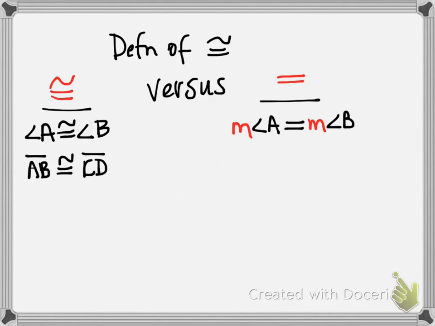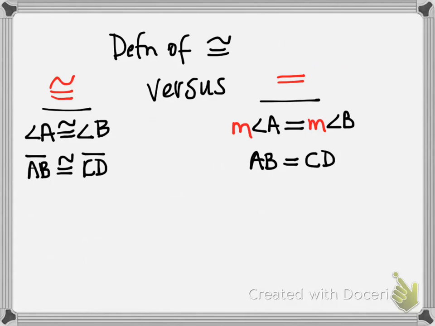Now when it comes to segments, what I do is I take off the segment symbol. And all I have is AB is equal to CD. Now, this is actually the length of segment AB is equal to the length of segment CD.